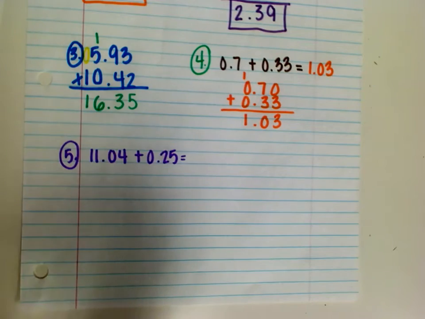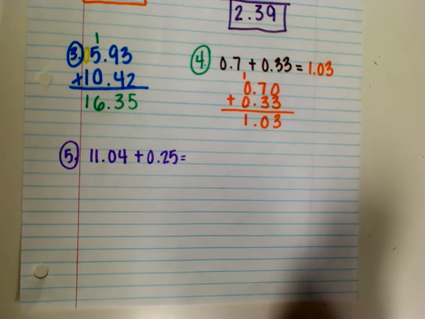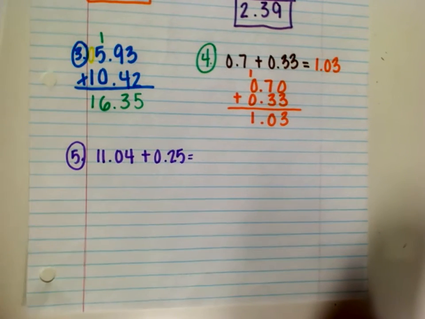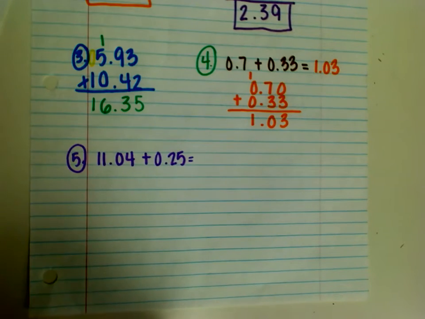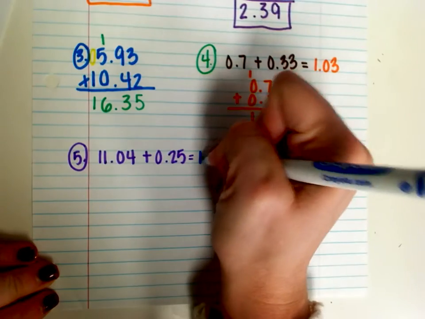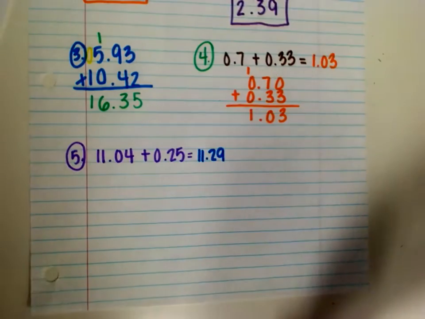Let me know what you got. Ronald, what did you get? 11.29. Good. 11 and 29 hundredths.